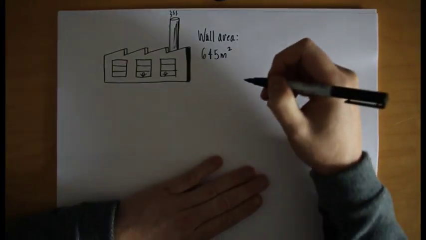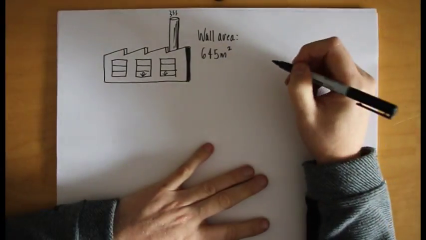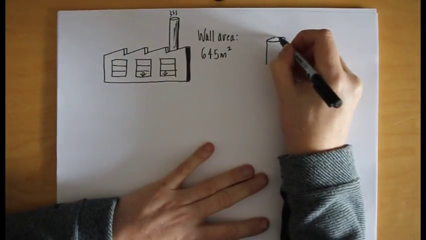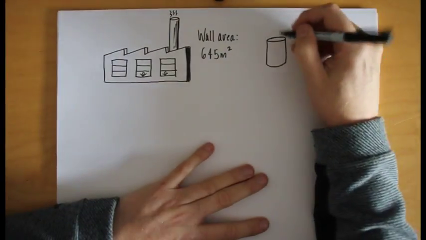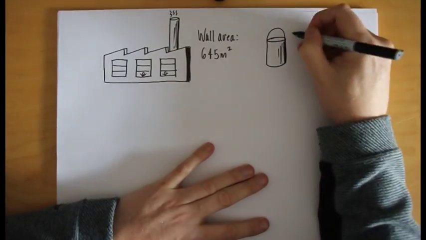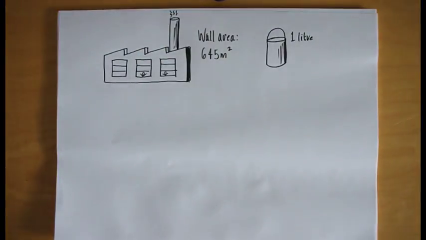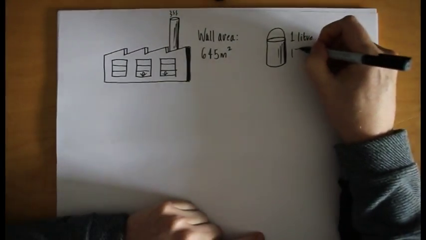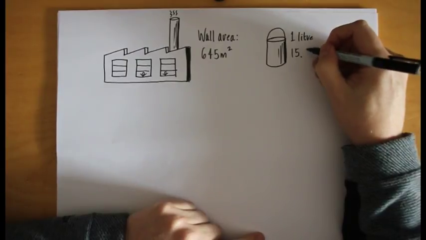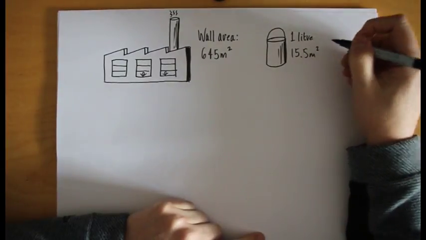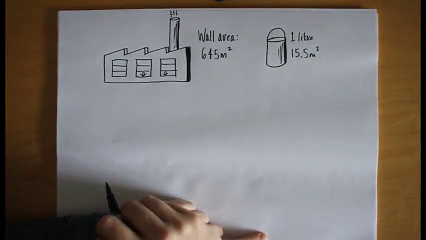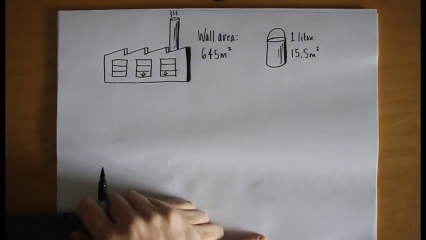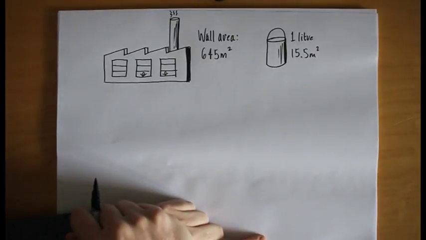We're also told that the paint that we need to buy comes in 1 litre tins. And the manufacturers tell us that each tin is capable of covering roughly an area of 15.5 square metres. So we're being asked to give an estimate of how much paint we need to order.